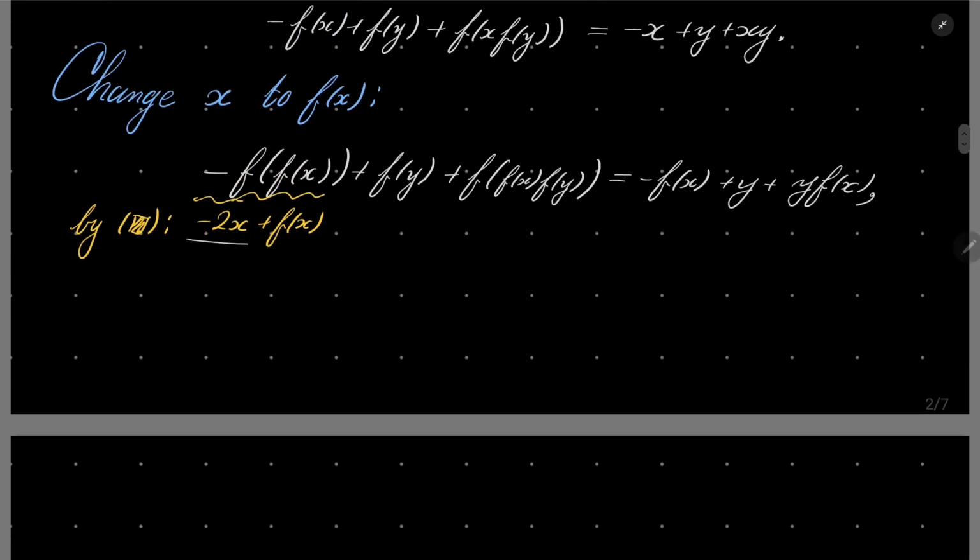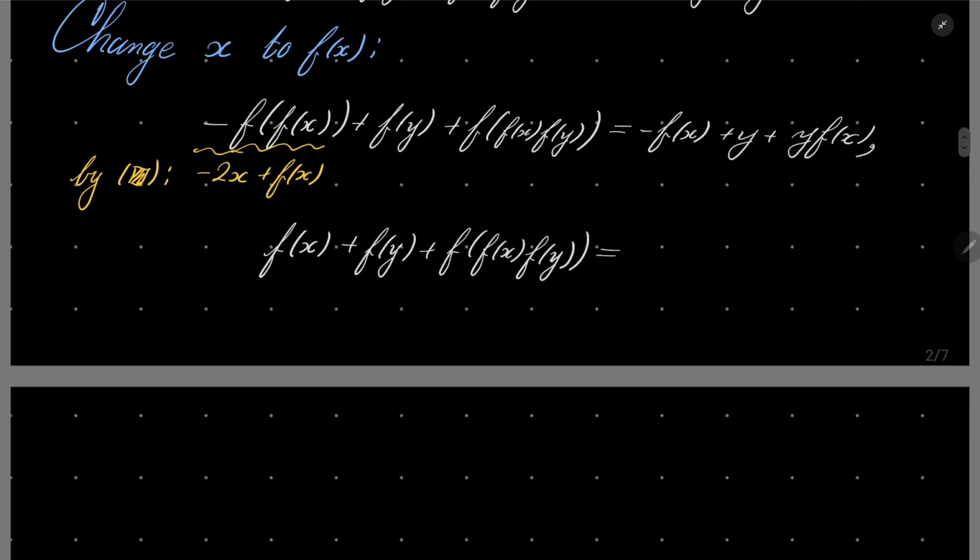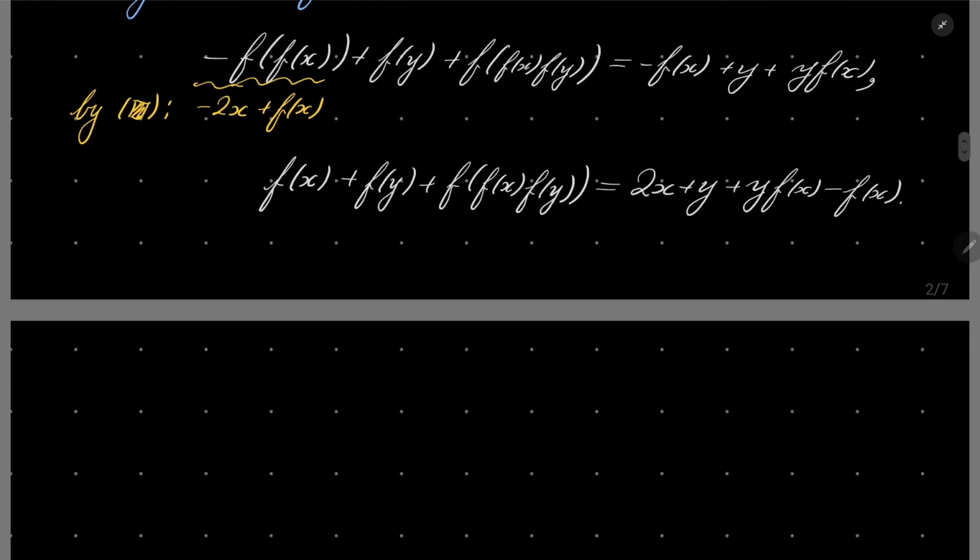We can also put this 2x on the right-hand side, and we have f of x plus f of y plus f of x f of y equals 2x plus y times f of x minus f of x minus f of x. Now, crucially, we have produced a symmetric expression on the left-hand side.